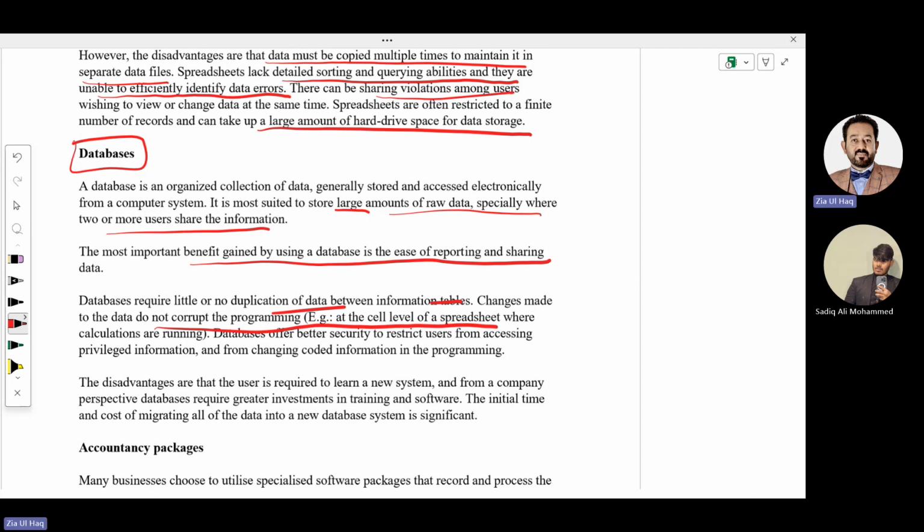If in a database you have stored the data from your computer and you have allowed only read-only files, other users can only use the data, but they cannot change the data. So a database offers better security to restrict users from accessing privileged information and from changing code information in the program.